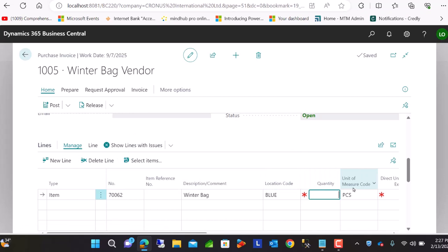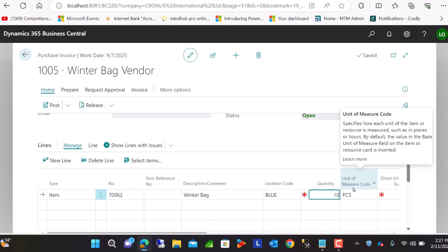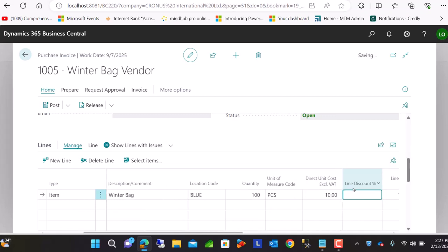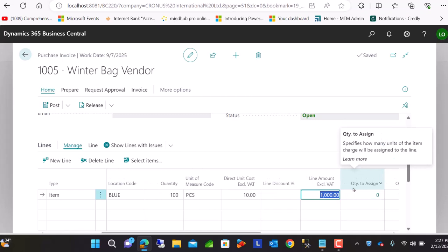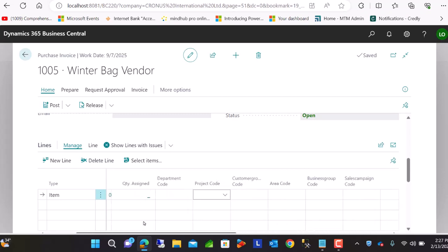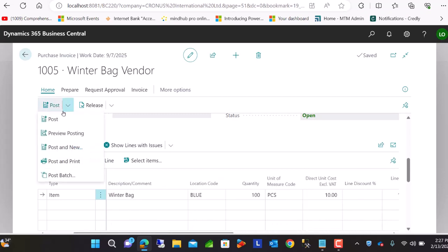Pick blue. The quantity that we are purchasing is 100 and the units per one is 10. So let's preview, just ensure that everything is intact. Post preview.